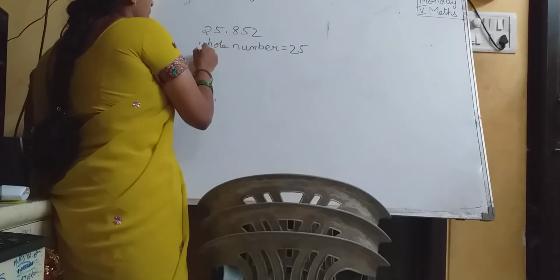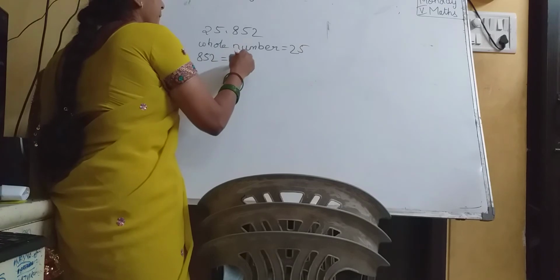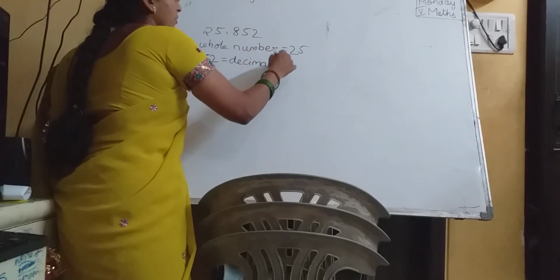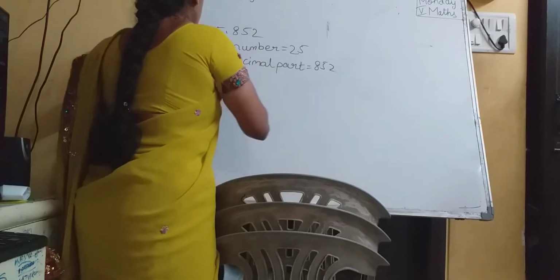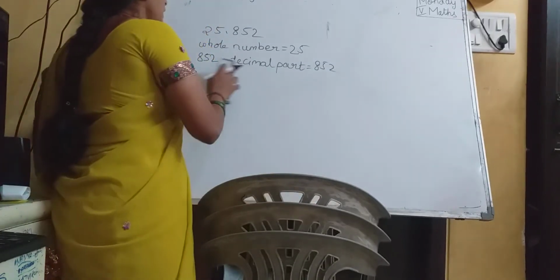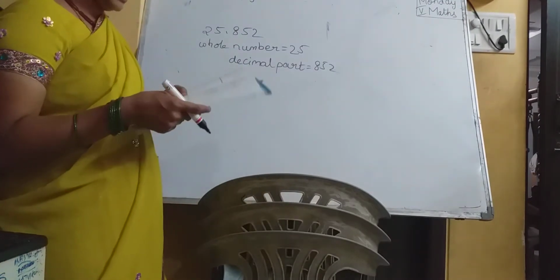Now 852 is the decimal part. The decimal part is 852, children. Like this you have to write. The part before the point is the whole number. The part after the point is the decimal part. Write all of that.